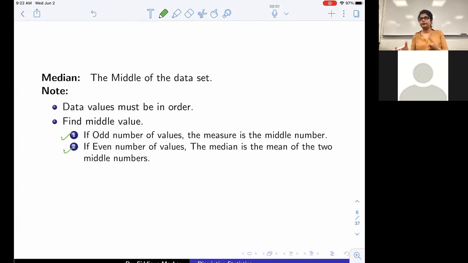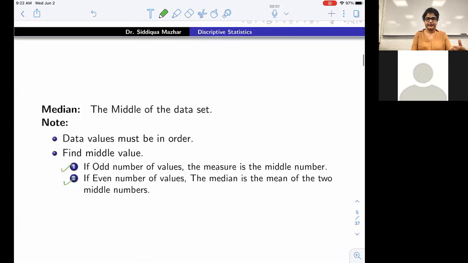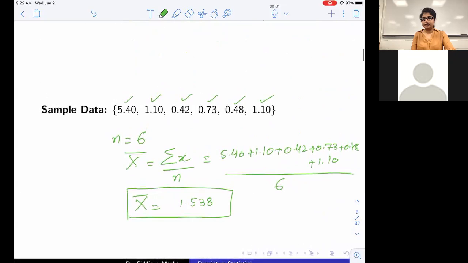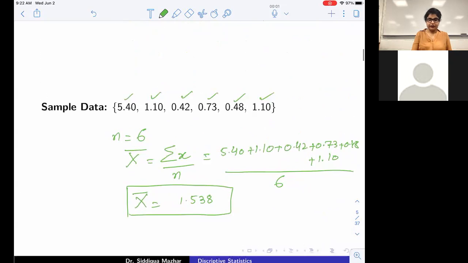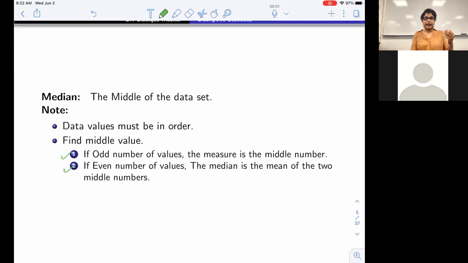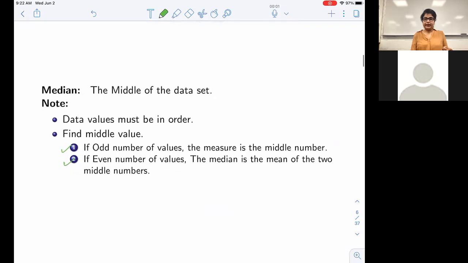Like in the previous example, the number of values was 6, so an even number of values was given in that sample data. If you have an odd number of values in the given data set, the median is always the middle number.